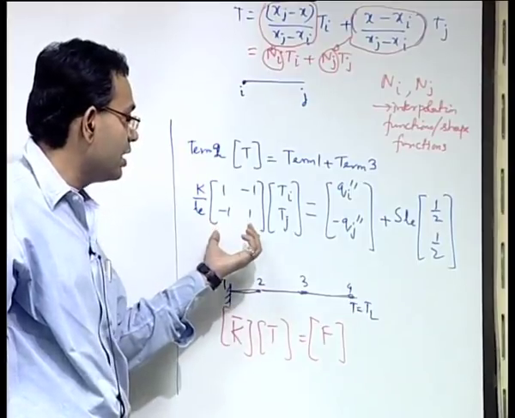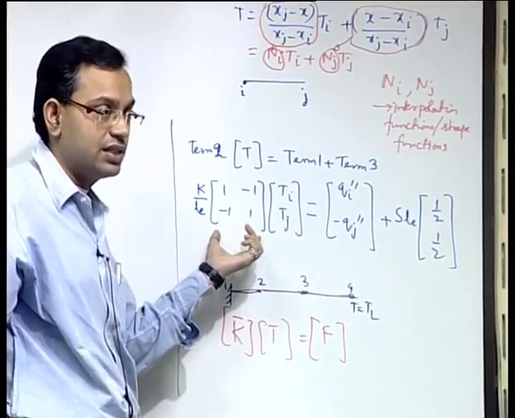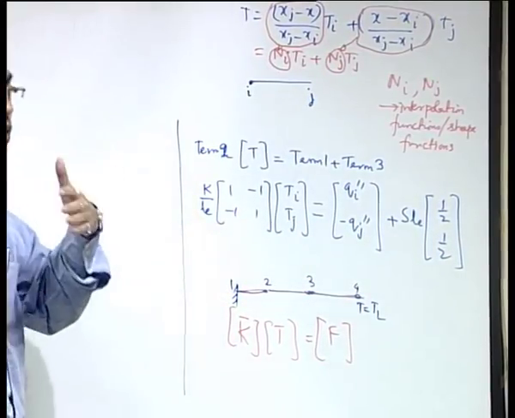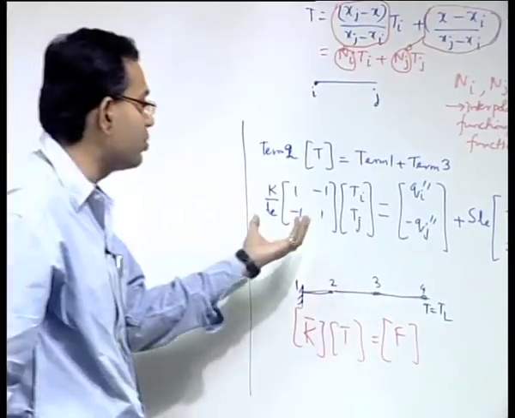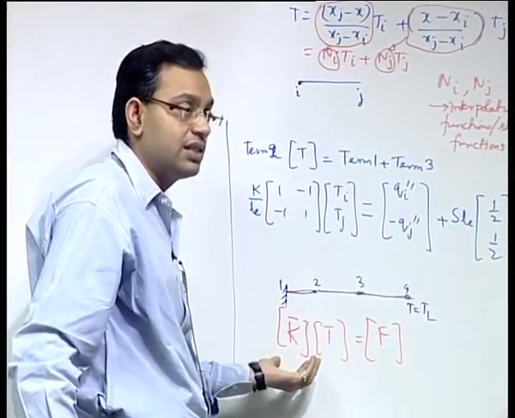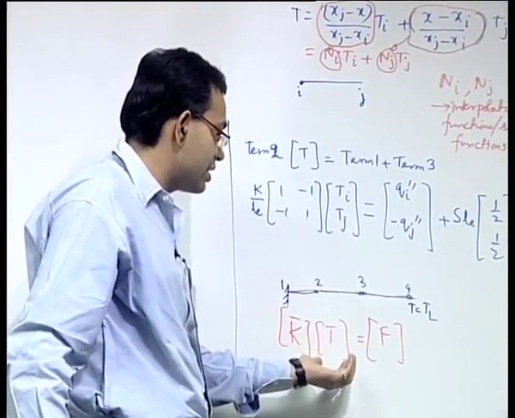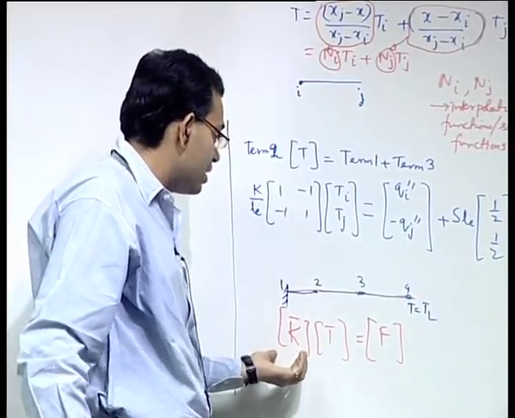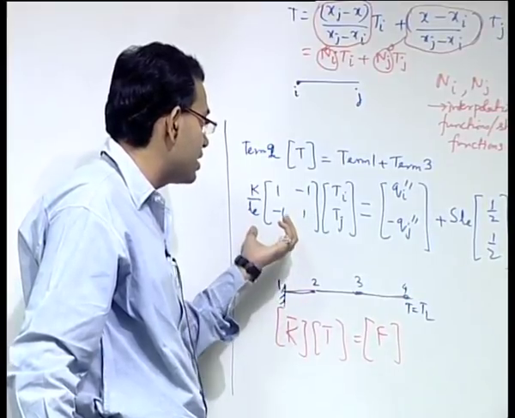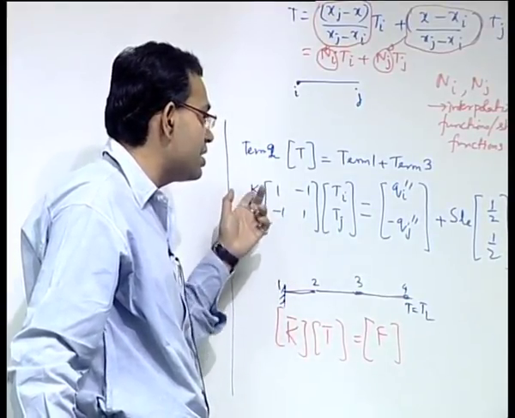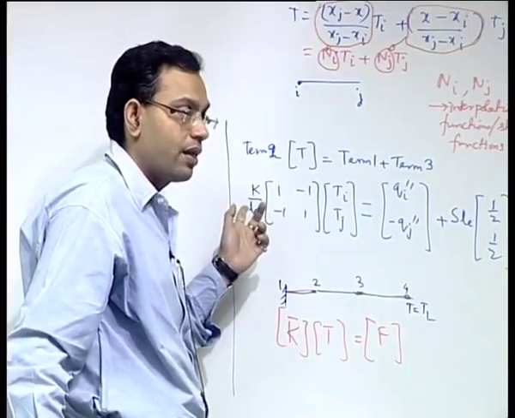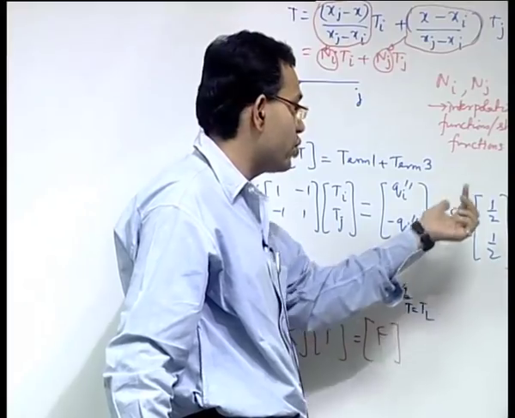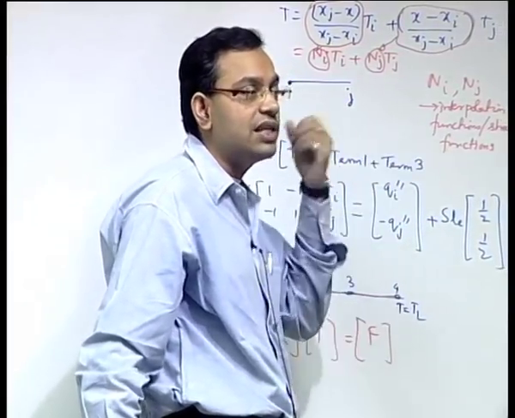Here similarly this is playing an artificial role of a stiffness, as if you are abstracting the physics from the mathematics. Because of the mathematical analogy, this appears to be like a stiffness of the system, and this is like the displacement. So here the role of the stiffness is being played by K by Le, which is like the thermal conductance, and these are like the displacements and these are like forces. The source term and the heat flux is like a force acting on the system.